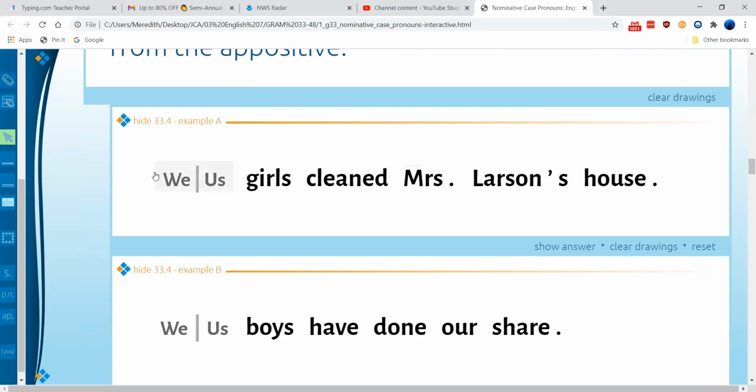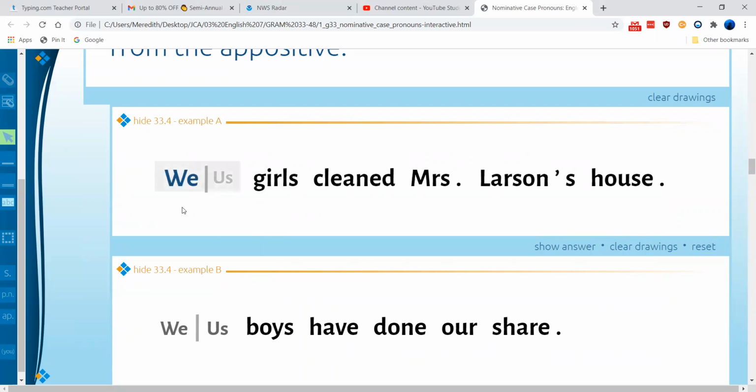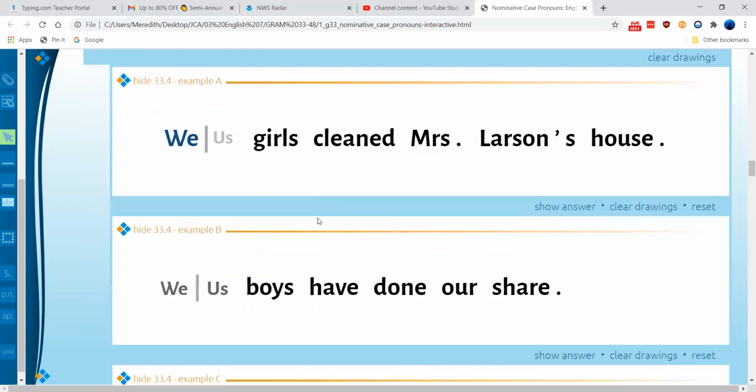But you need to understand when you see a sentence like, we girls cleaned Mrs. Larson's house, girls is the appositive. This is not the subject. If you're talking about a specific group of girls, this is just defining your subject. So you would say, we cleaned Mrs. Larson's house. Girls is just telling you who we are.